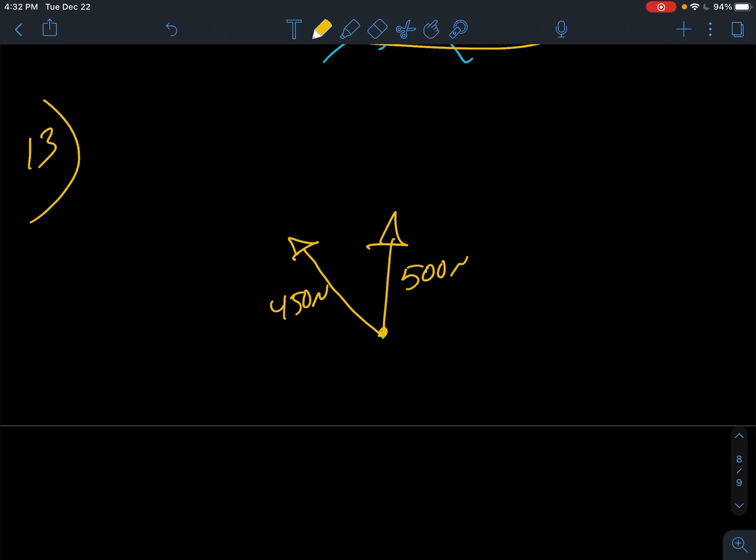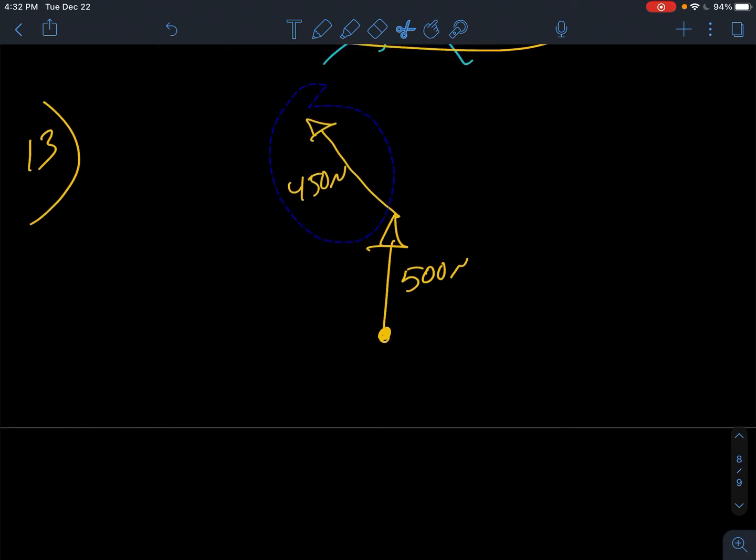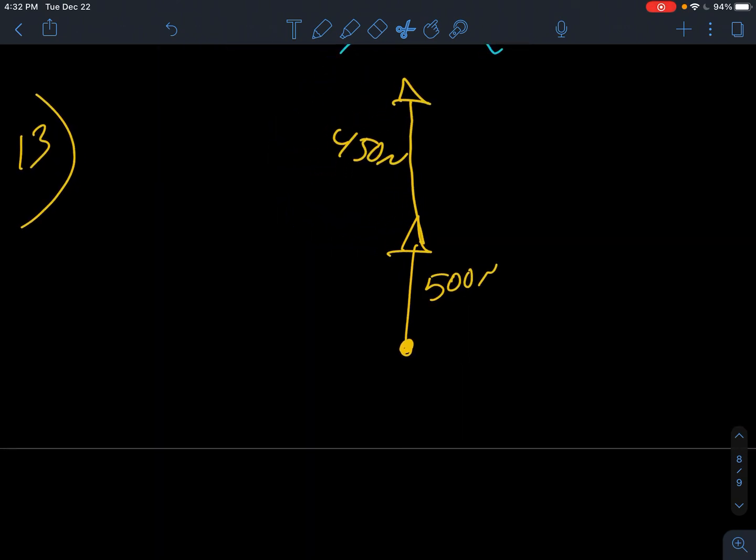This is not necessarily a force diagram because we're doing tail to tail, but the total force from the two ropes is less than 950. So 950 you would get if they were in the same direction. Both forces pulling in the same direction would straight up add together and it would be 950.